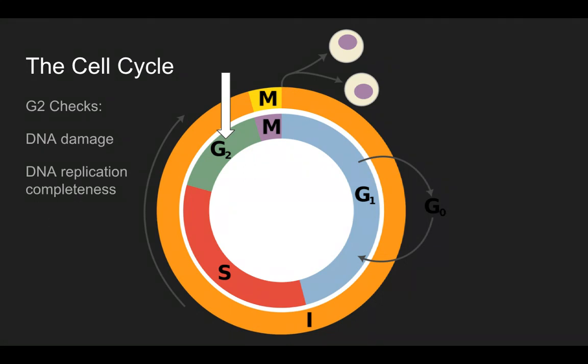If any damage is found, the cell will pause at this stage until it is repaired. If the damage is irreparable, then the cell goes through a self-destruction mechanism to make sure the damaged DNA does not pass on to the daughter cells. This is a key part in preventing cancer because cancer cells ignore the signs telling them not to divide, meaning that they can pass on damaged cells without self-destruction.